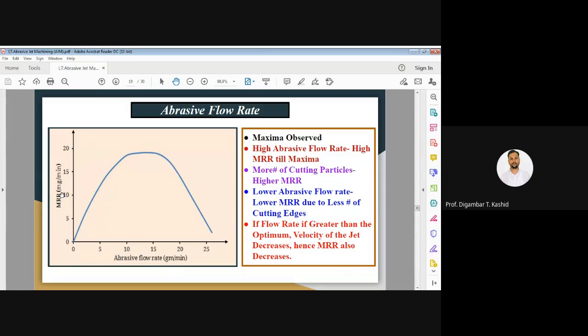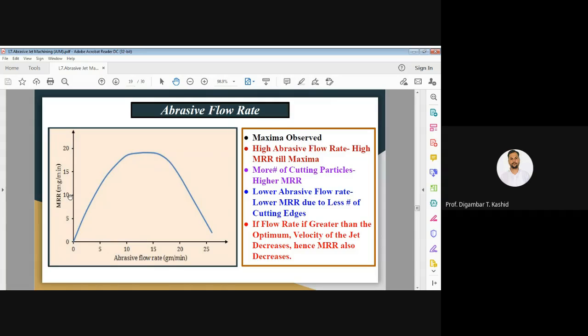Now you can see that as the abrasive flow rate is increasing, the material removal rate is continuously increasing, up to a certain point. The unit I have shown is kilogram per minute.